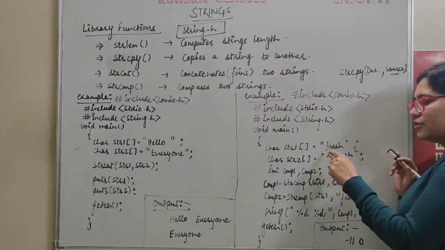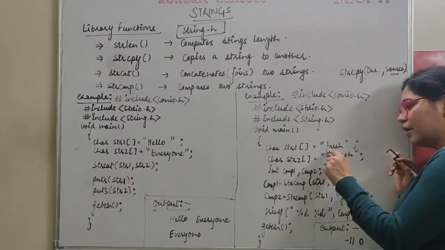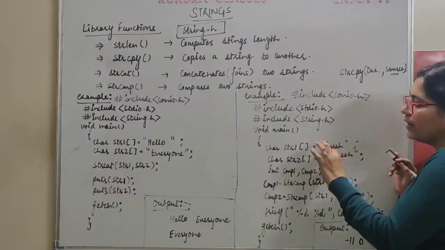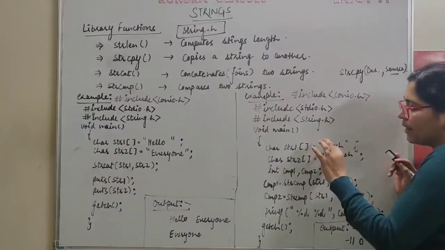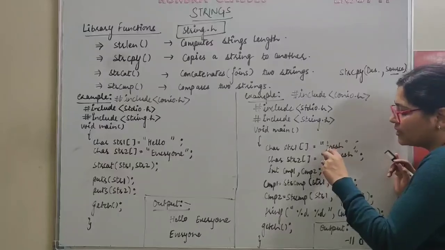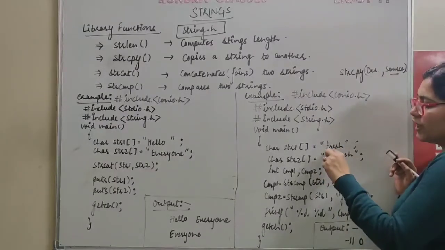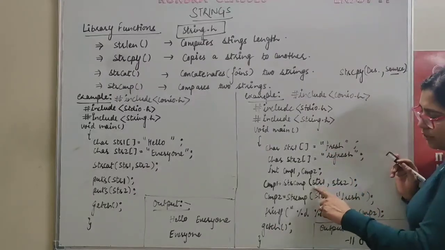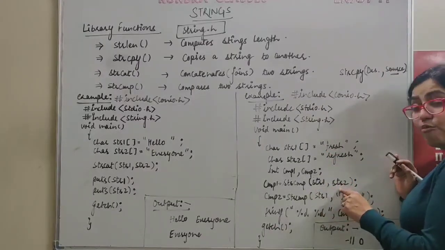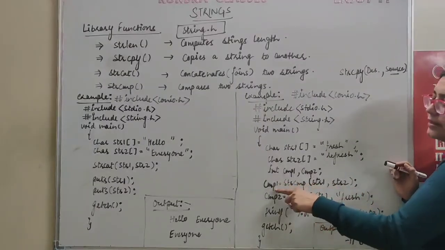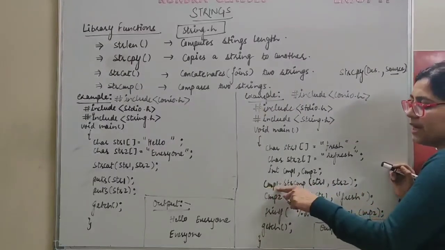As soon as you compare the strings and the first character is different, it will stop comparing and give you the difference of the ASCII values of both the characters. So you'll get the difference of the ASCII values of the first differing characters of both the strings, and the result will be stored in cmp1.